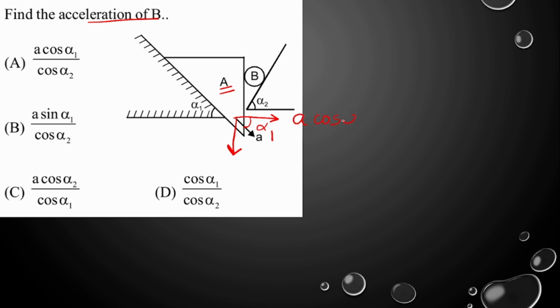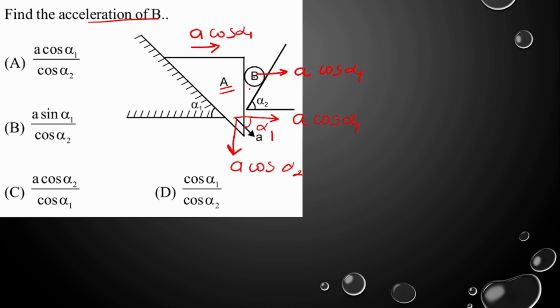And as we can see this wedge is going in this direction with acceleration a cos alpha 1, I must say that this ball is also going in this direction with acceleration a cos alpha 1. That is must as a wedge constraint. Okay, and I can see that this ball is moving in this direction, or upward direction. You can consider any one.